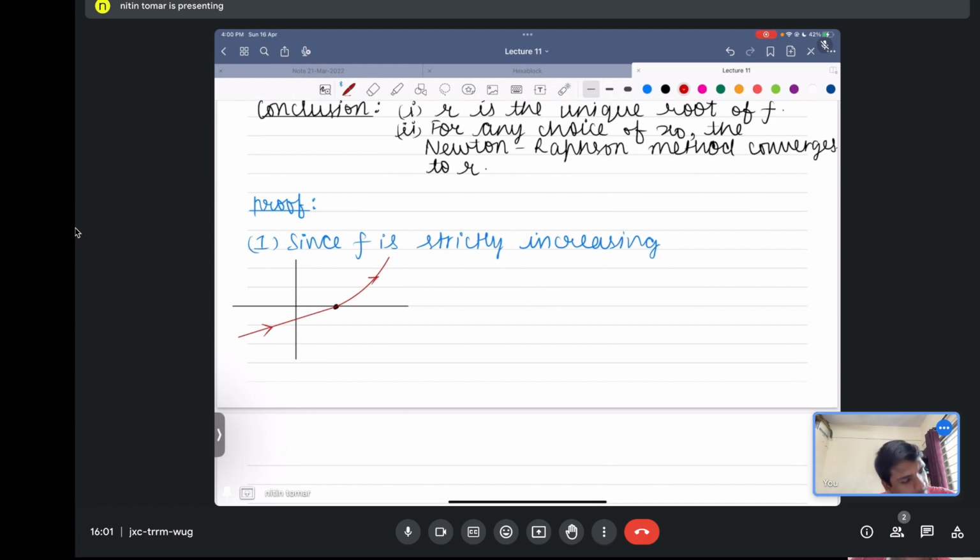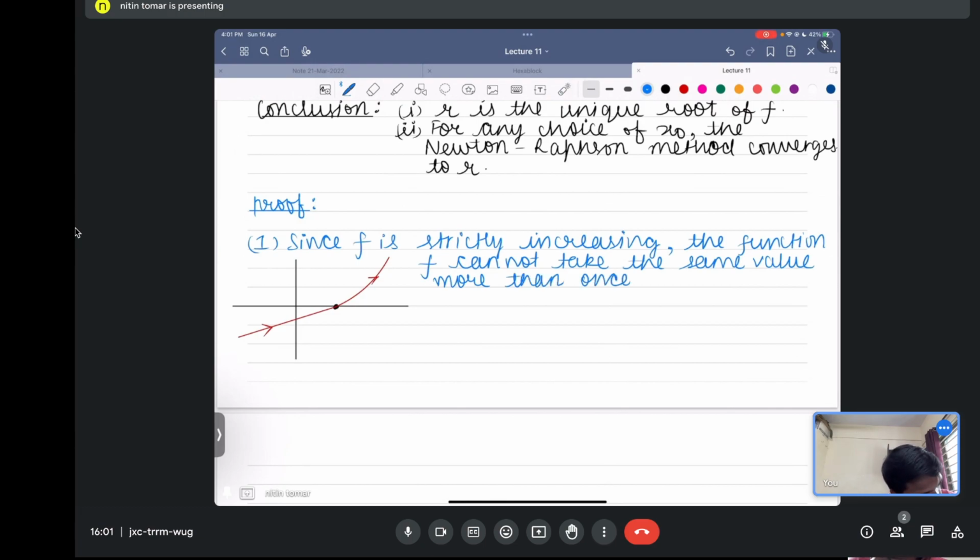So this is precisely what I am writing: if f is strictly increasing, the function f cannot take the same value more than once.